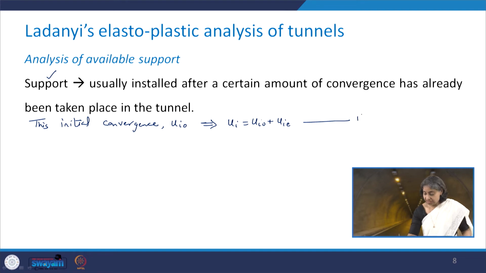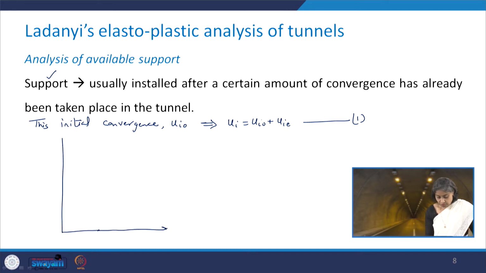Give me a moment and I will explain how this is going to be done. So let me draw a figure. On the x-axis I have Ui and here I have Pi, and see here this initial convergence is allowed, which is say Uio, and then we have some stiffness of the support system, and after that it becomes horizontal.